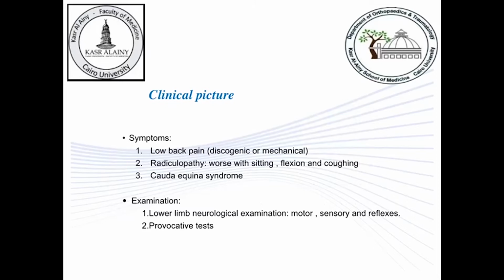We can call it radiculopathy. When it is affecting the sciatic nerve, we call it sciatica, or femoralgia in case of femoral nerve affection. This radiculopathy is usually worsened with sitting, flexion, coughing, and sneezing, or the positions that increase the intrathecal pressure. Some patients might have their first presentation with cauda equina syndrome, and we will talk about it in the next slide.